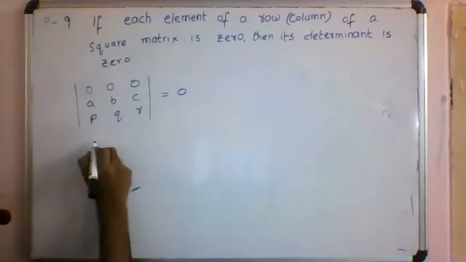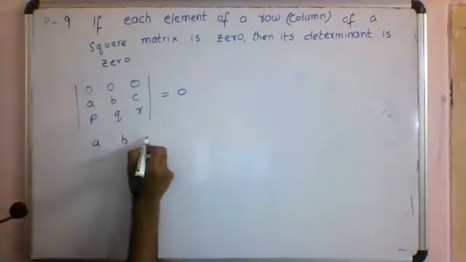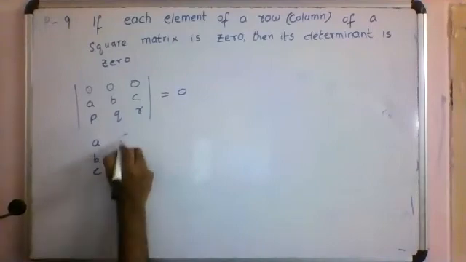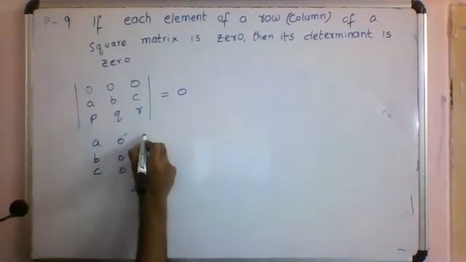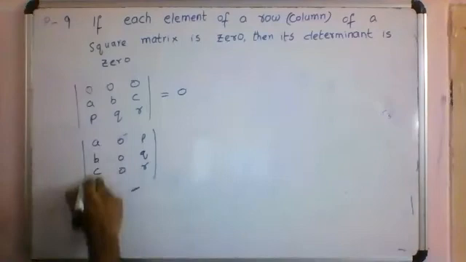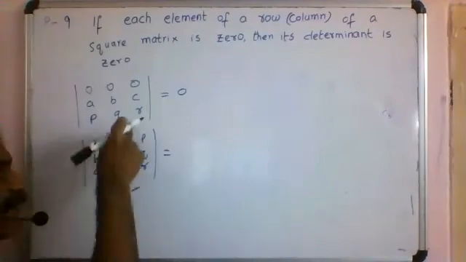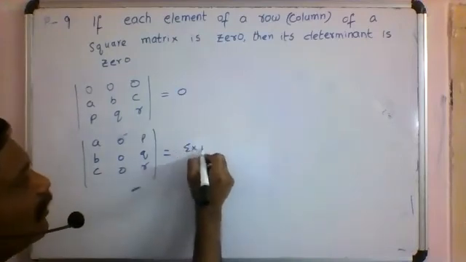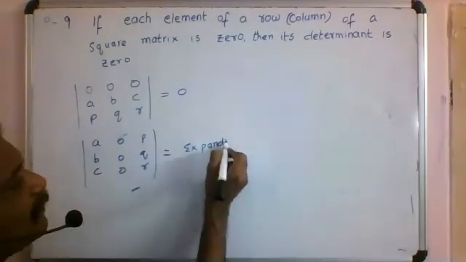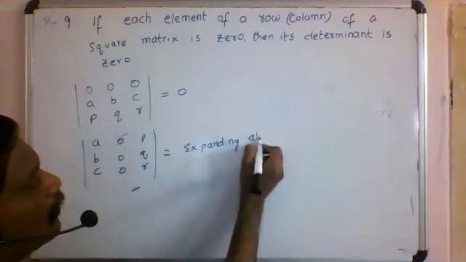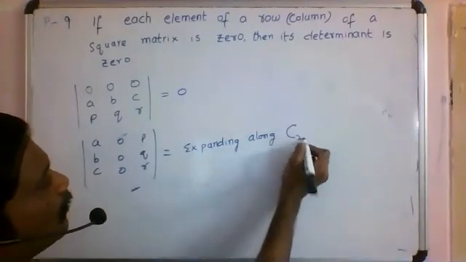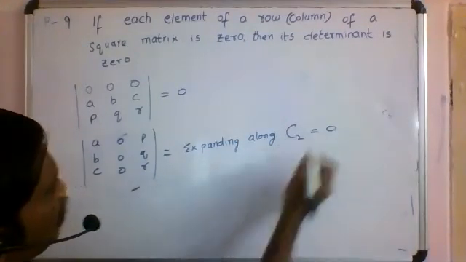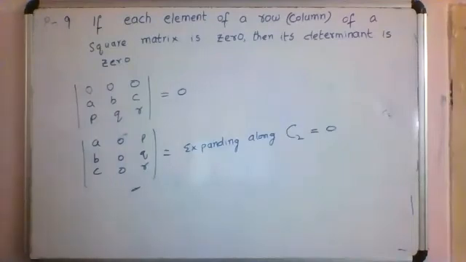Even if you take A, B, C, then 0, 0, 0, and P, Q, R, we expand along the second column because that is easy, and we observe its value as 0.